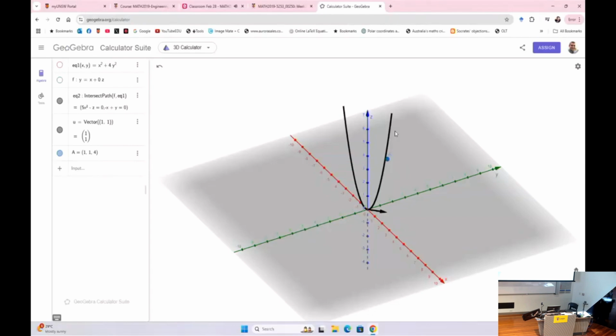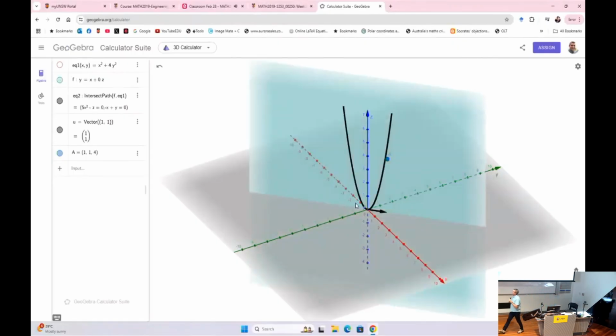Could you clarify how you got the direction of the plane? Like, how do you know it's vertical and not horizontal? Good question. There. So that's a plane that cuts the surface to form a curve.